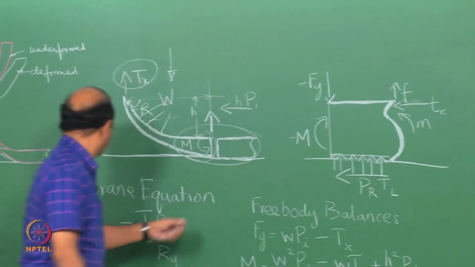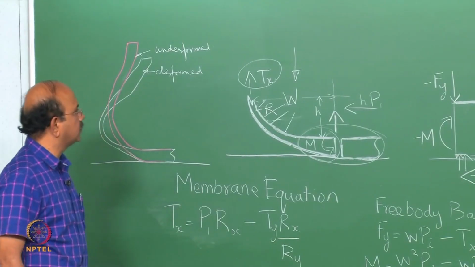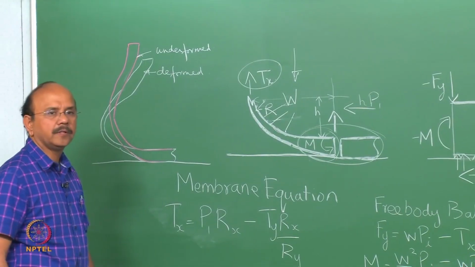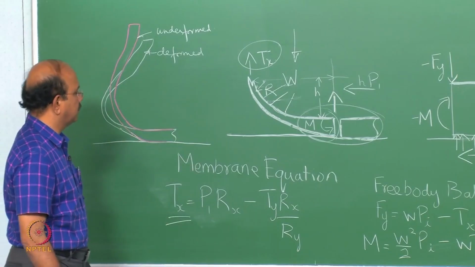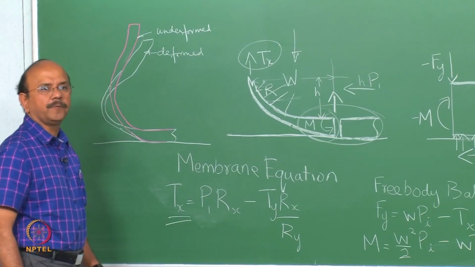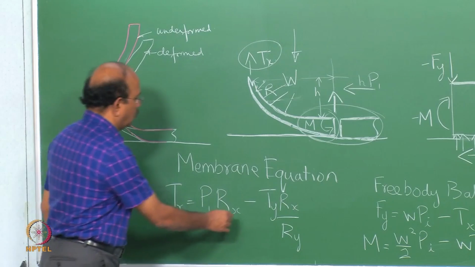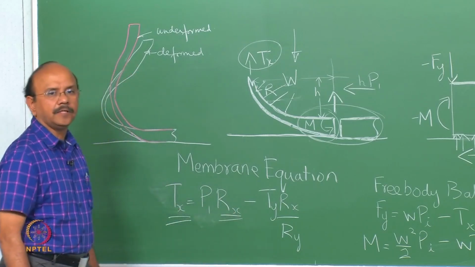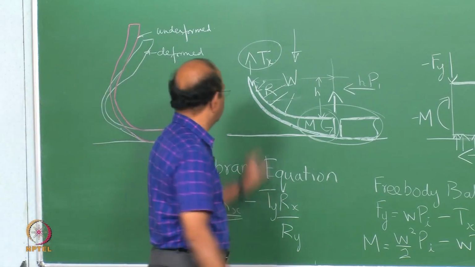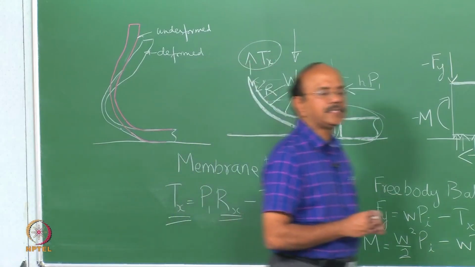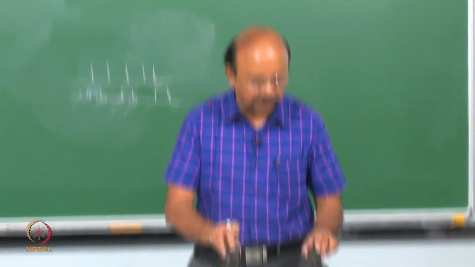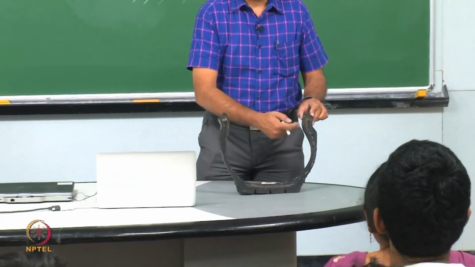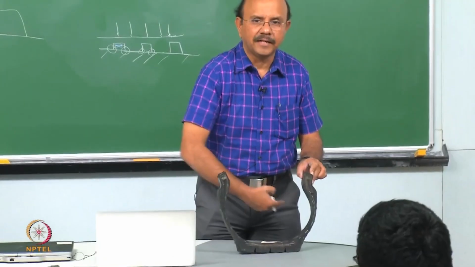Number one is what is called the membrane force, which we had drawn there as T, and the membrane force depends upon two things. One is that it depends upon the radius of curvature. Please understand that there are two radii of curvature. For example, here is a radius of curvature, which is going to change, and then there is a radius of curvature in the other direction.